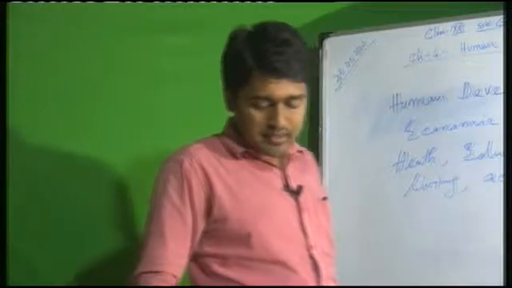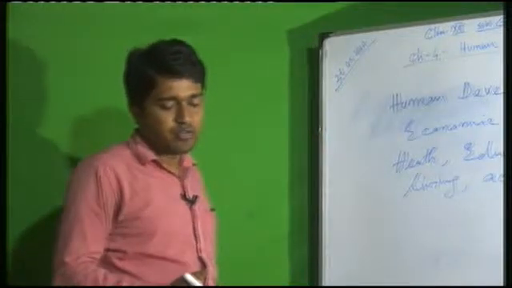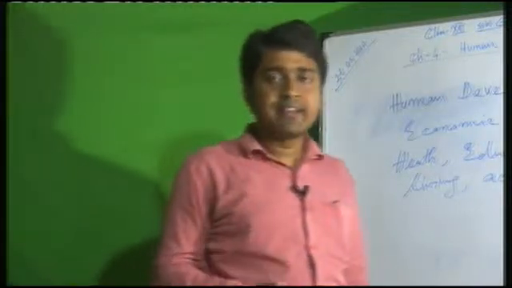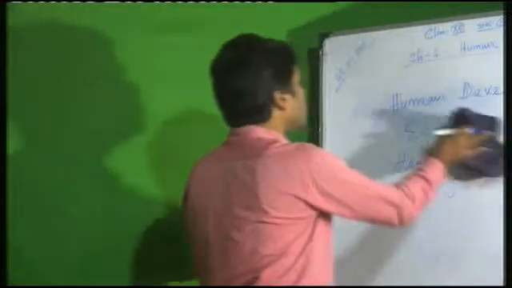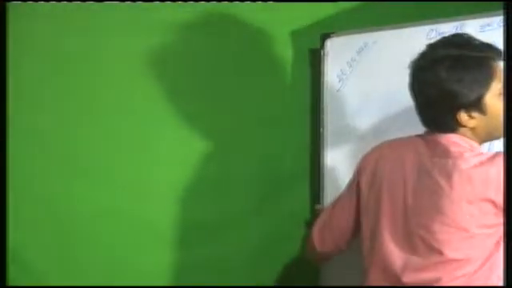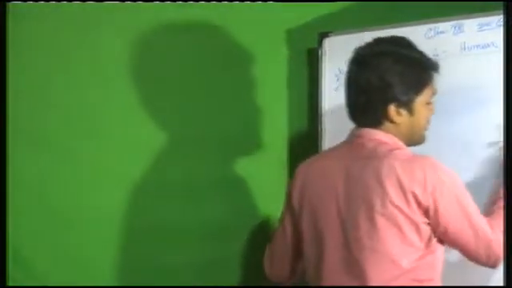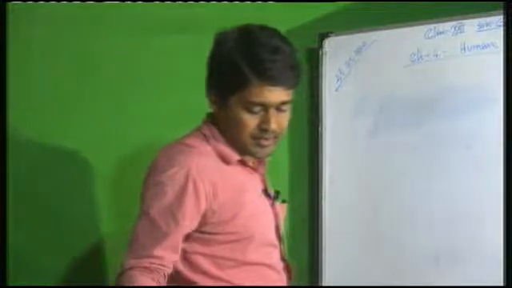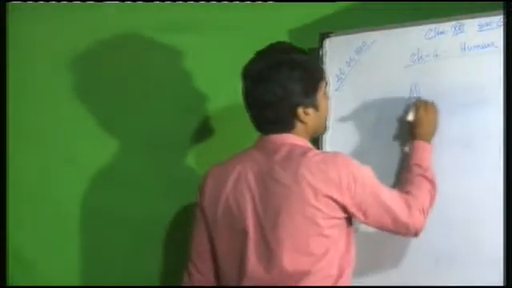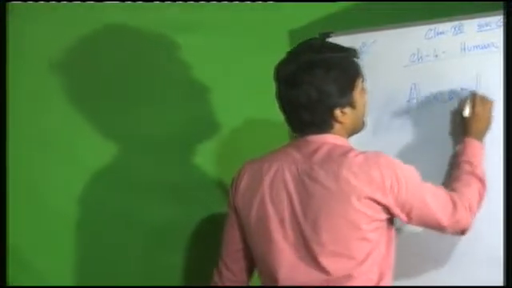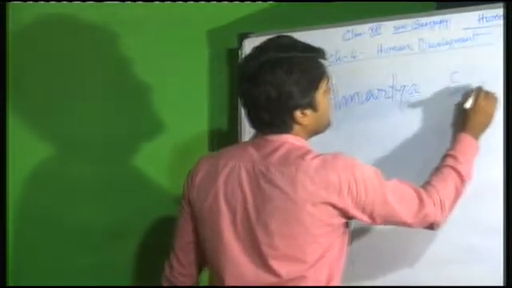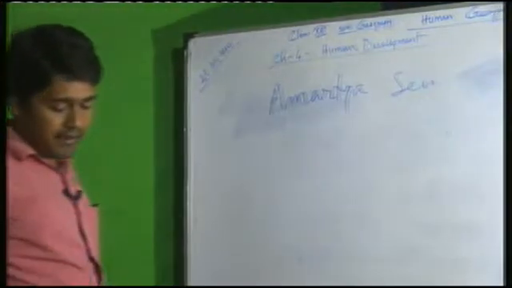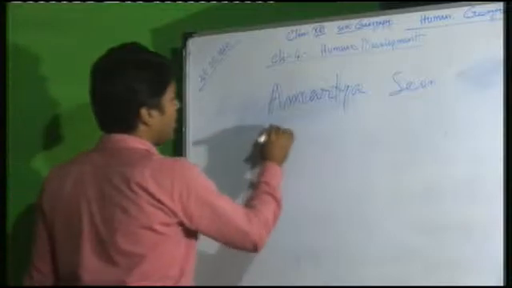Now this idea was clearly spelled out for the first time in the late 18th and 19th century by two economists whose names you have also heard, two famous economists. The first one is Amartya Sen and another one is Mahbub ul Haq.